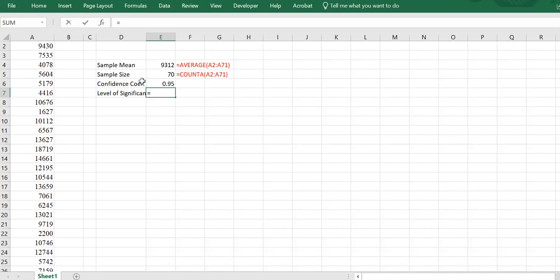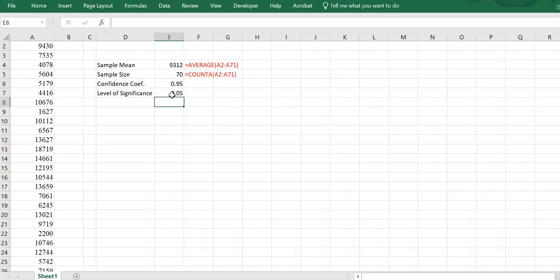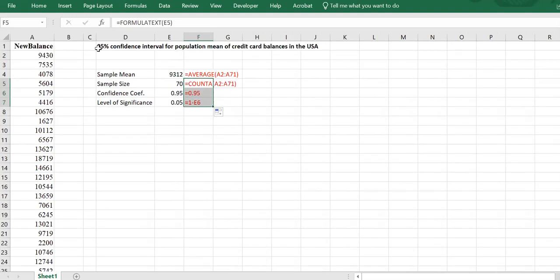So the level of significance is going to be 1 minus the confidence coefficient, so the sum of these two should be 1. This is how you get it: you look at the confidence coefficient that is given to you, and then you just deduct that from 1, and that would be your level of significance.